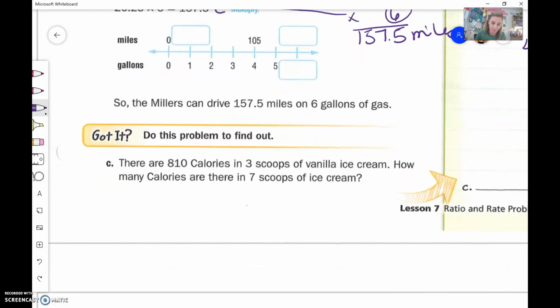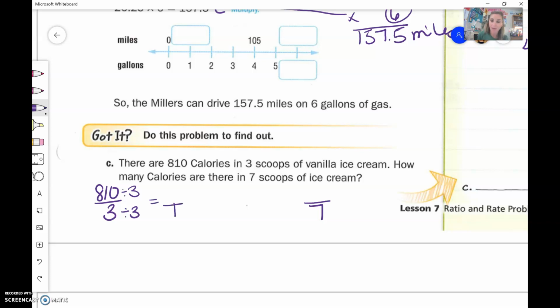It says there are 810 calories in 3 scoops of vanilla ice cream, but I want to know how many there are in 7 scoops. So the first thing I need to do is find that unit rate, okay, which means I've got to get a denominator of 1. And in order to get that denominator of 1, I need to divide by 3.